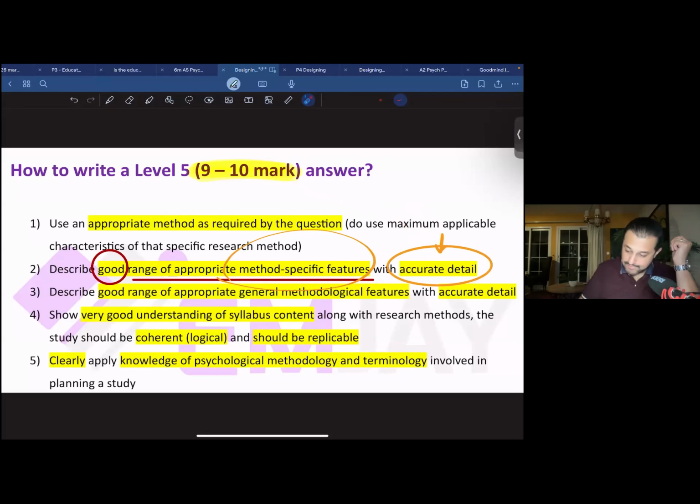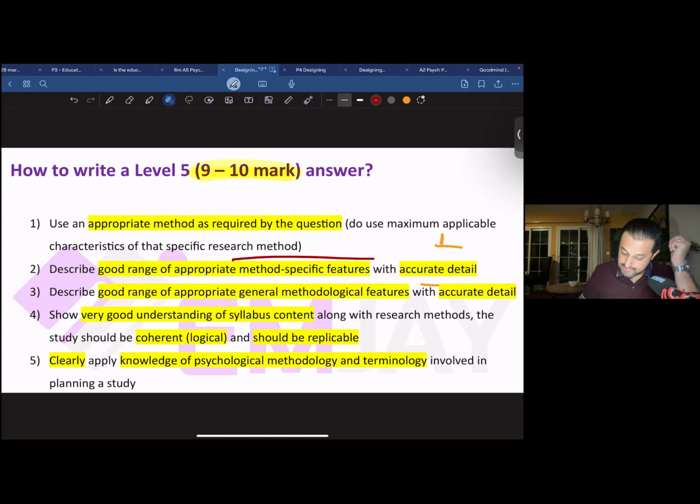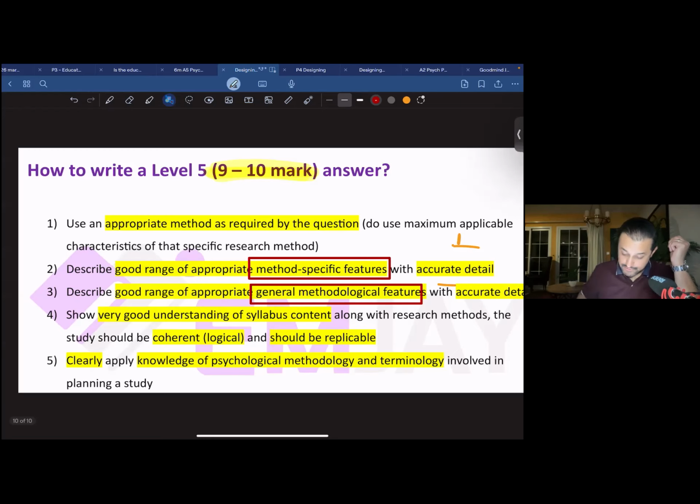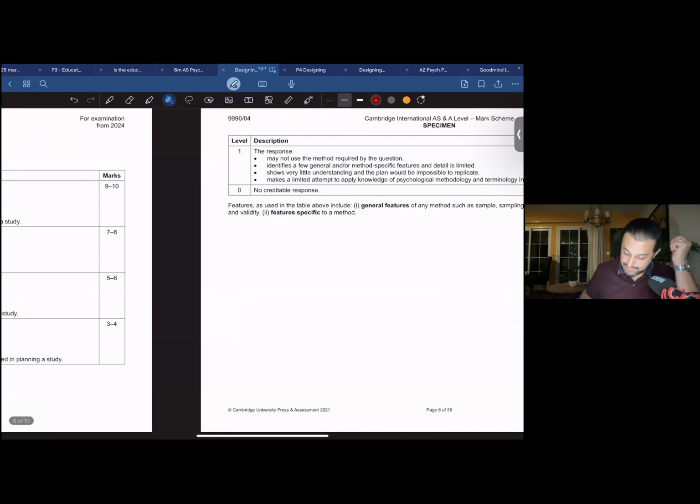Now, taking it ahead, the third point, good range of appropriate general methodological features. Now, my dear, we have discussed method specific features and we have discussed general methodological features both, and I've explained the difference between them, right? These are the method specific features.